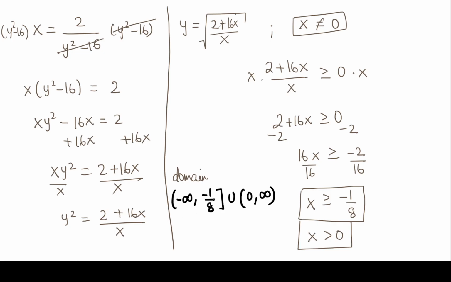Here we are including negative 1 over 8 and anything smaller than that, and we are excluding all the numbers from negative 1 over 8 till 0, and then we're including everything from 0 to infinity. And this is actually the range of our original function, and that's what we were looking for.